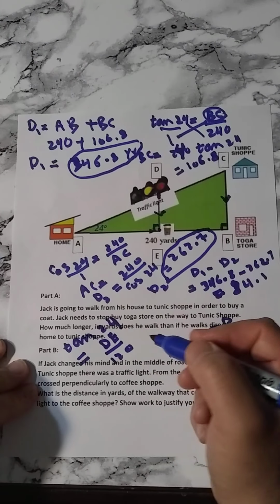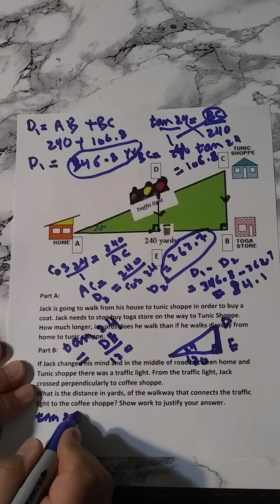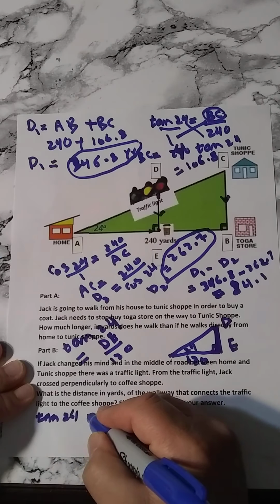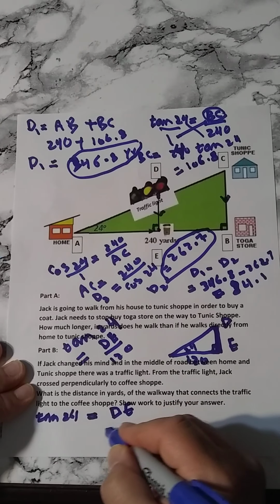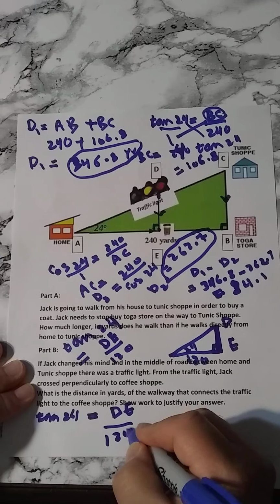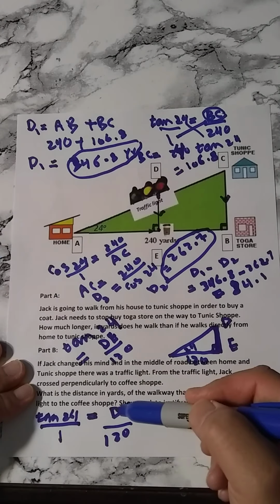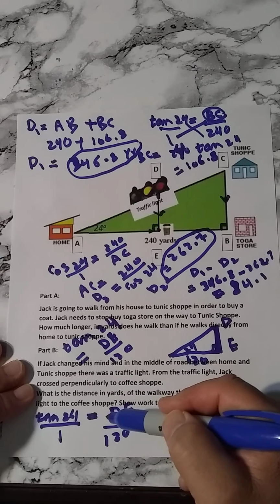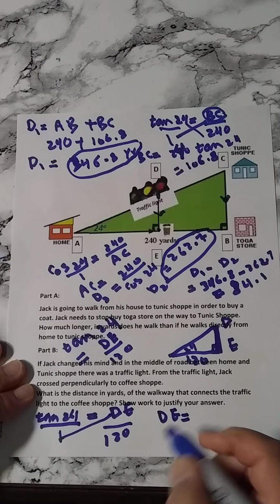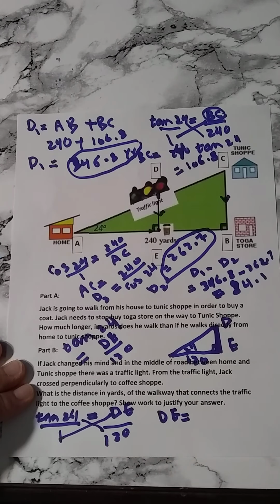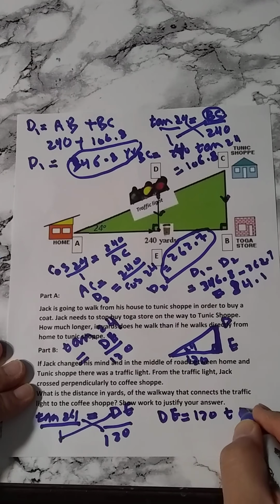So again, tangent of 24 equals DE over 120, and this is divided by 1. Cross multiply: DE times 1, which is DE, equals 120 times tangent of 24.